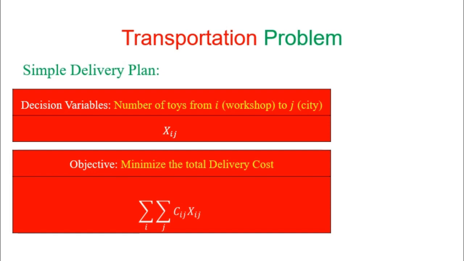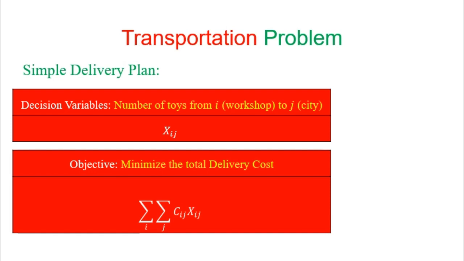So that means Cij is the cost associated with supplying and delivering one unit of the product from ith origin to jth destination. Am I clear? I'm again repeating: Cij is the cost associated with delivering one toy from the ith origin to the jth destination.